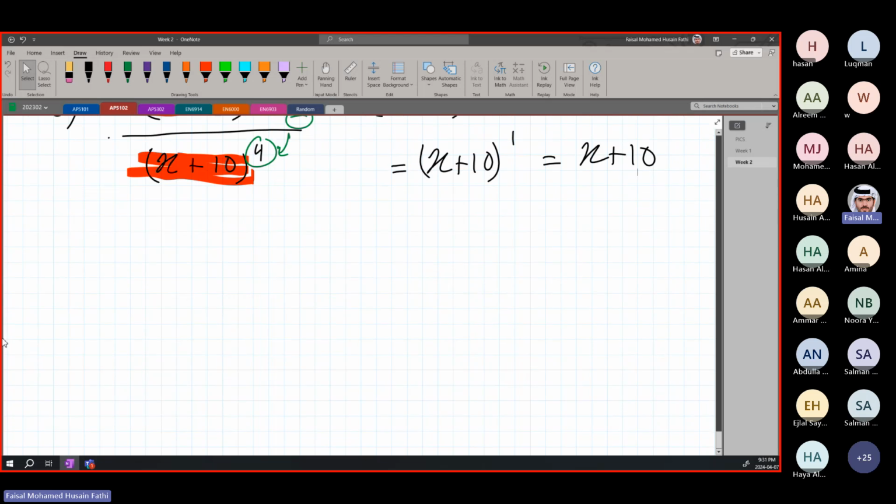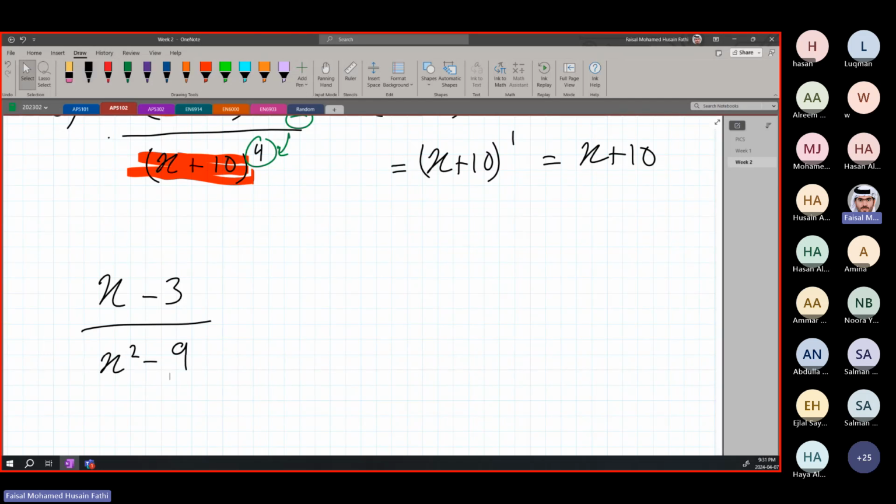Okay, the last one. The last one I was about to cover that concept now, but let's start with your question. So he gave me x minus 3 over x squared minus 9. This is where you need to understand factorization. Because now you will have to factor out the bottom part so you can cancel it out with the top part.